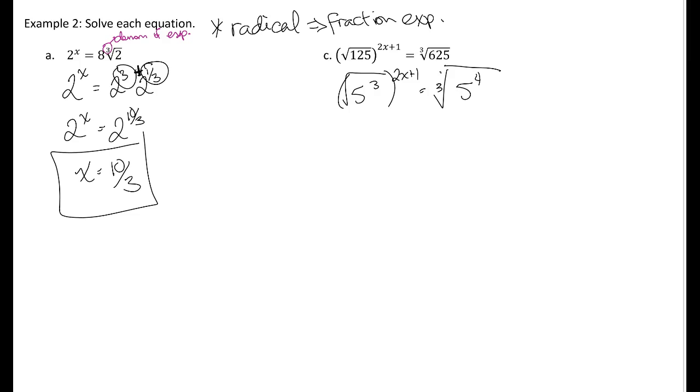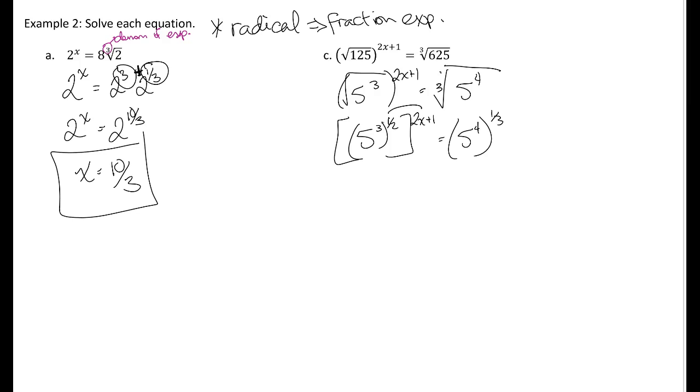Okay, and I'm going to keep simplifying and getting rid of those radicals here. So 5 to the 3 to the 1/2, the power of 2x plus 1 equals 5 to the 4 times the third.